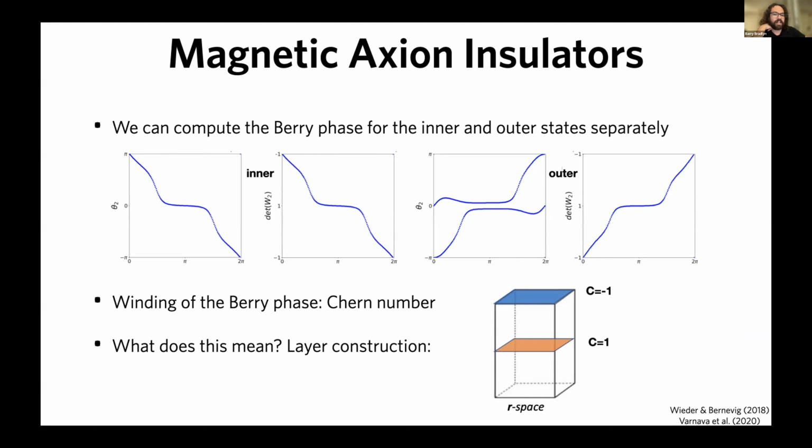So what this tells me is that I can construct this magnetic axion insulator by, in an inversion symmetric way, layering Chern insulators with Chern number plus 1 at z equals 0 in each unit cell, and Chern insulators with Chern number minus 1 at z equals a over 2 at the boundary of each unit cell, which I've depicted at the bottom here. So this gives me a quasi-one-dimensional way of thinking about what a magnetic axion insulator is. And this goes under the name of layer construction.